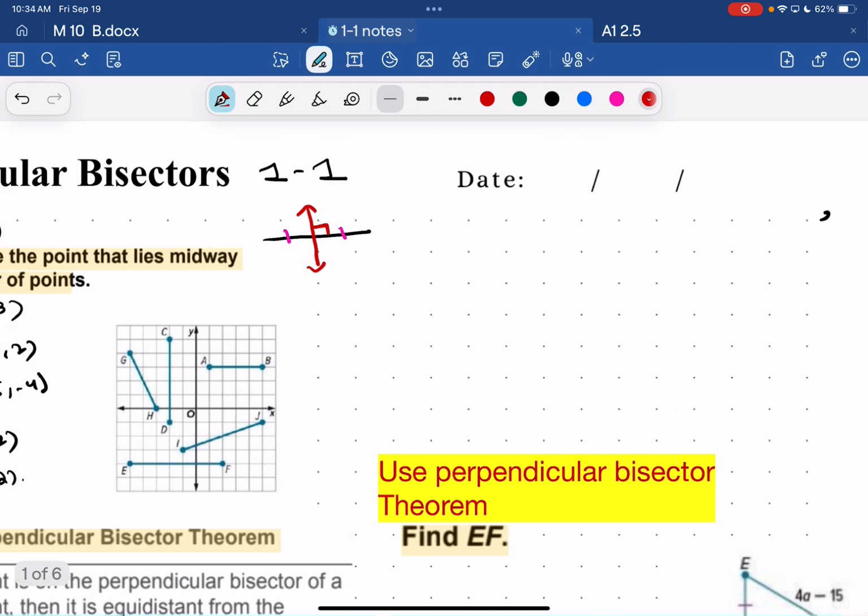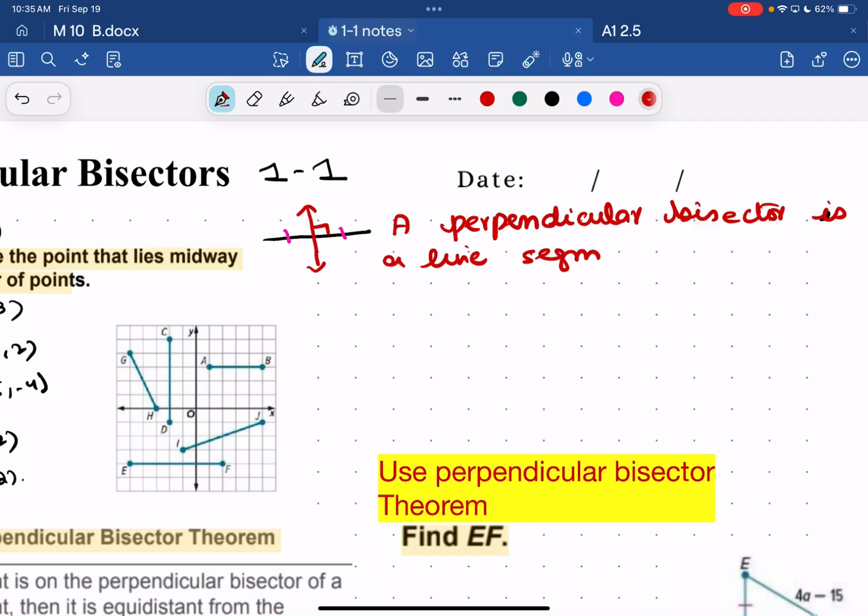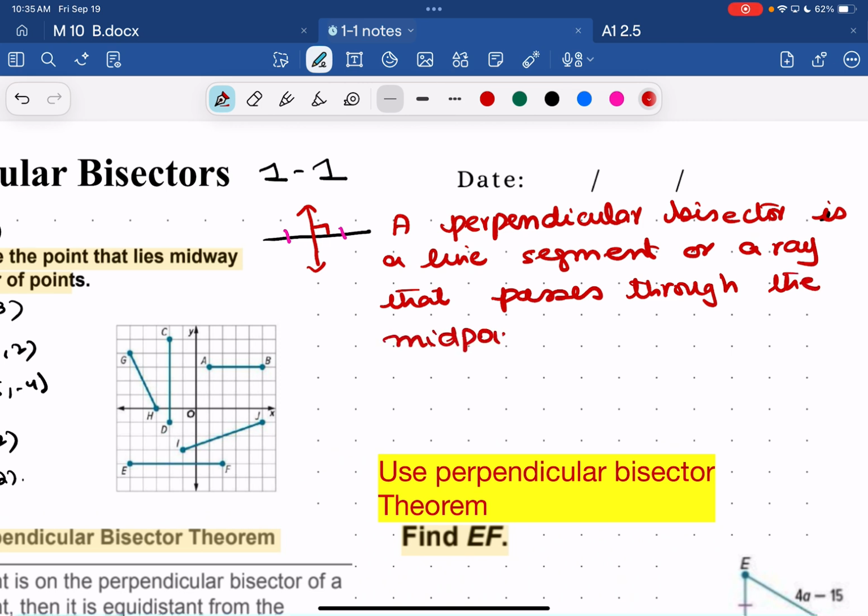Okay, so we are going to quickly write the definition of a perpendicular bisector. Write it down with me. A perpendicular bisector is a line segment or a ray that passes through the midpoint and is perpendicular.